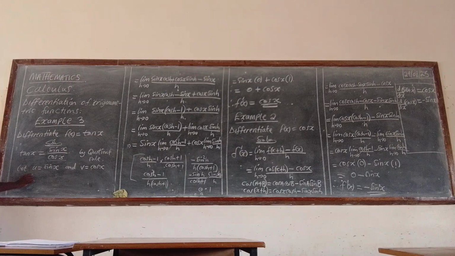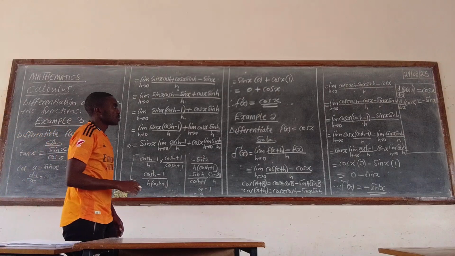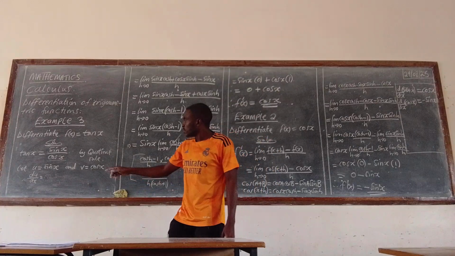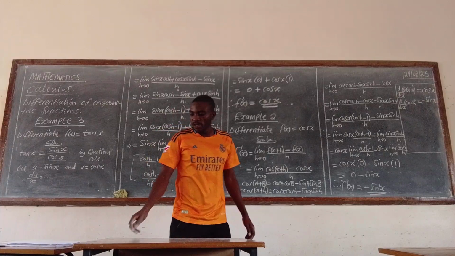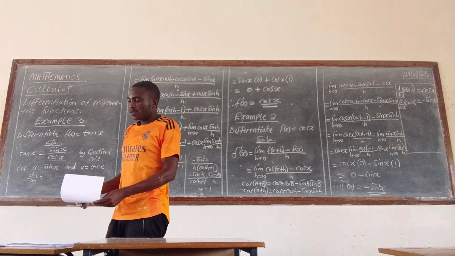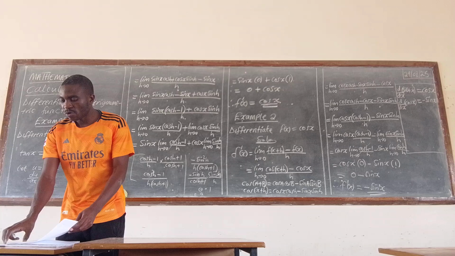So du dx is equal to... remember, I said we should keep track of those. We cannot go through using the first principle again to find the derivative of sine, the derivative of cosine, so that we can find the derivative of tan.